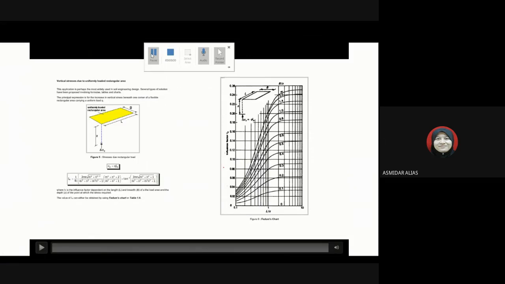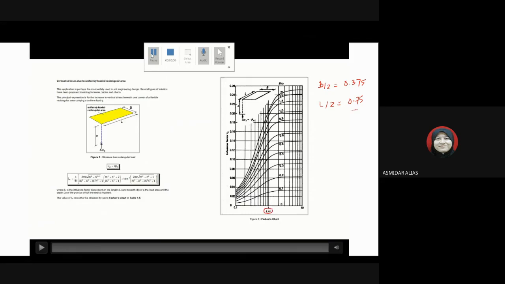Okay, daripada contoh soalan tadi dia kata B over Z is equal to 0.375. And then you have L over Z is equal to 0.75. So using Fathom chart ni, of course kita kena baca L over Z ni dulu.